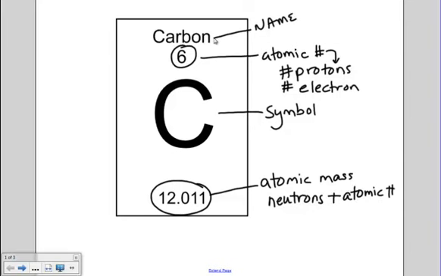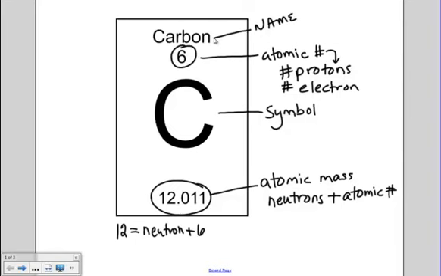So in this case, for carbon, we could also figure out how many neutrons it has. We have our atomic mass, which is 12, and we're trying to find neutrons. And we know that the atomic number is 6.